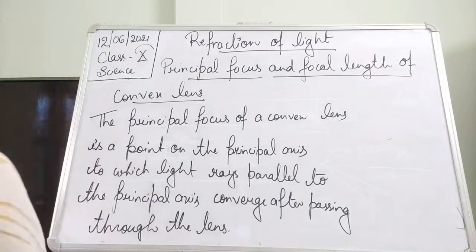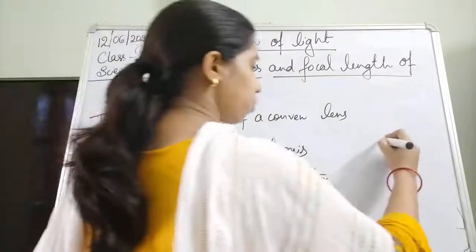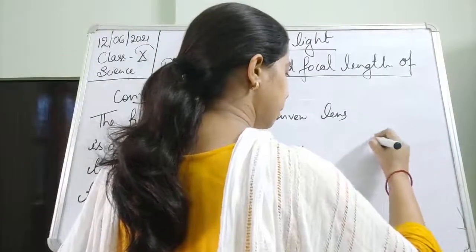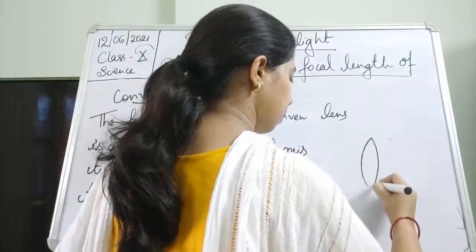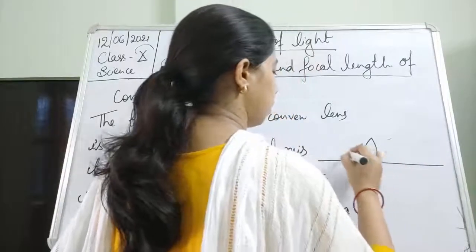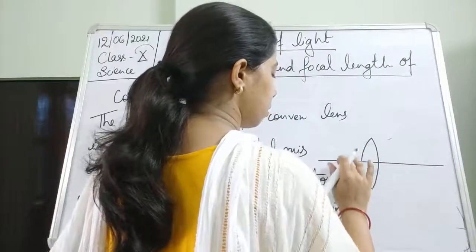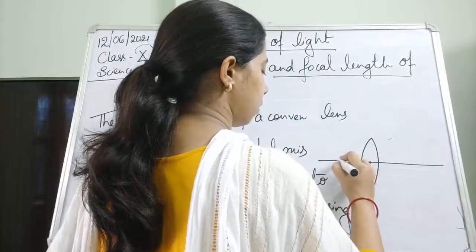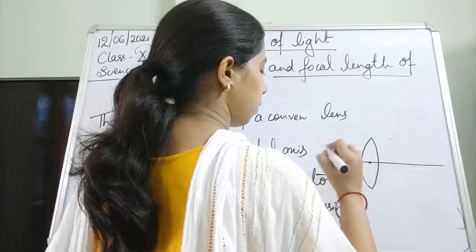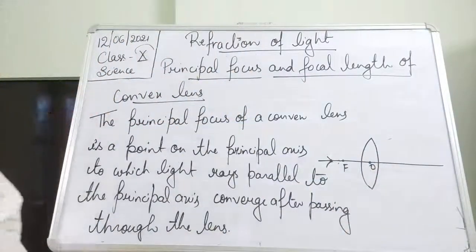Okay. Now here two focus is there. Now in case of a lens, students, if you make a lens here, this is the focus. This is the ray of light going through it. This is the optical center represented by O. Okay.